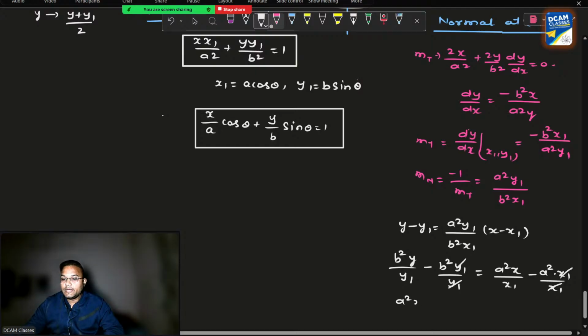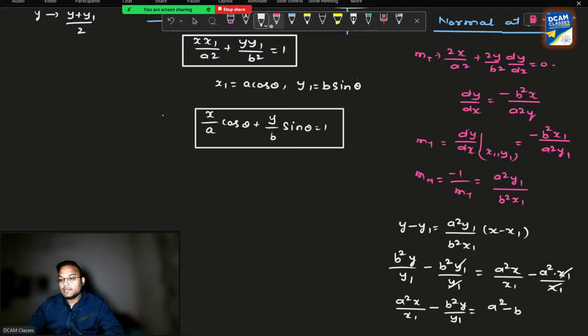So a square x by x1 minus b square y by y1 is equal to a square minus b square. This is your equation of the normal at x1, y1.